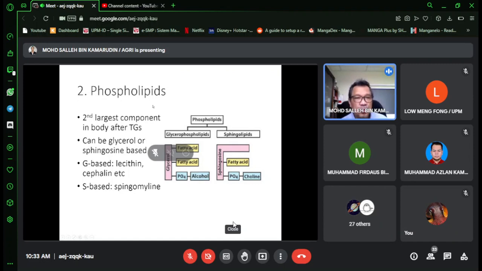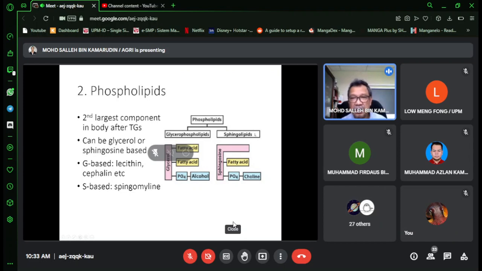Okay, phospholipid is the second largest component in the body after triglycerides. They can be glycerol or sphingosine base. So these are phospholipid. Tadi kita tengok dalam tu ada dua division.